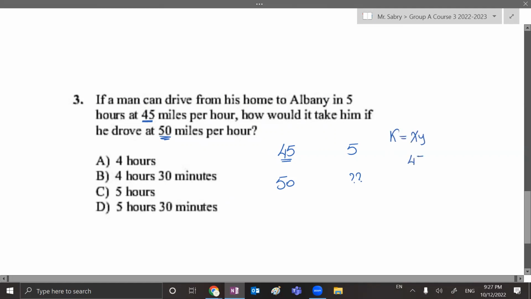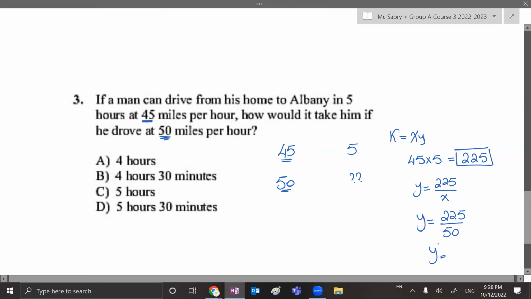So we'll do 45 times 5 to find the k, which is 225. Then I'll write the equation as y equals 225 over x. I now have x equals 50, so y equals 225 divided by 50. That would get me the answer.